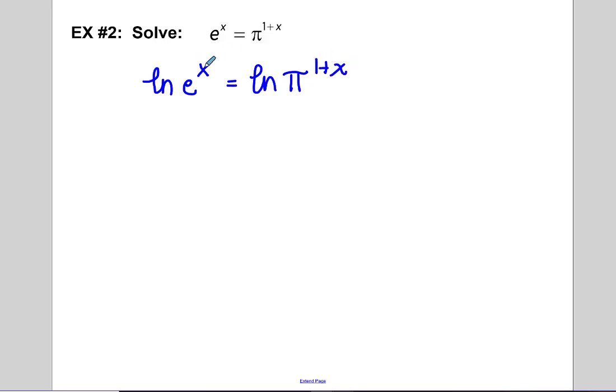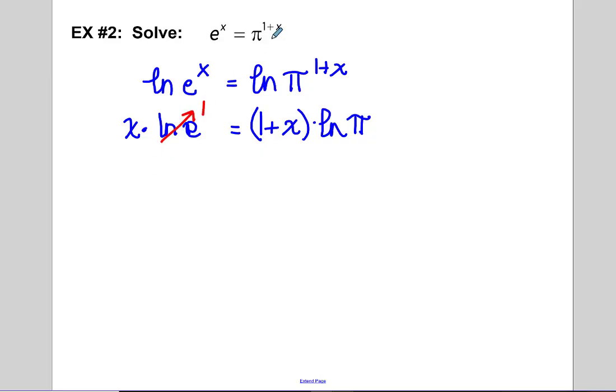That way we can use the properties of logarithms and bring that x out in front of natural log of e, and do the same thing with the 1 plus x. We can bring that entire power out in front of natural log of pi. Now remember, pi's a constant, it's not a variable. So we're going to have to solve for x.